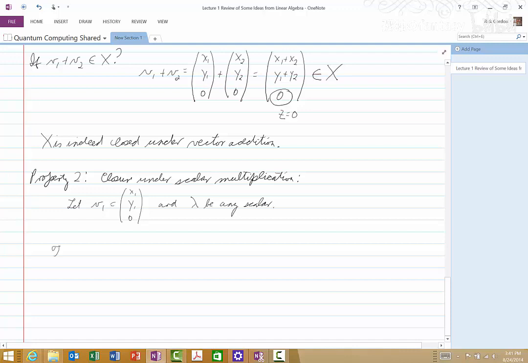Then V1 is clearly an element of x because its z component is equal to 0.